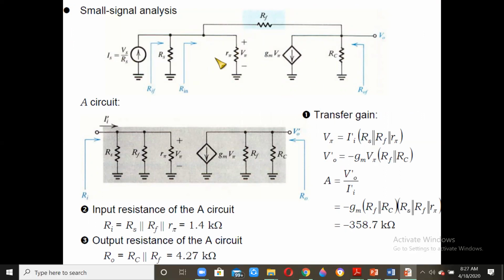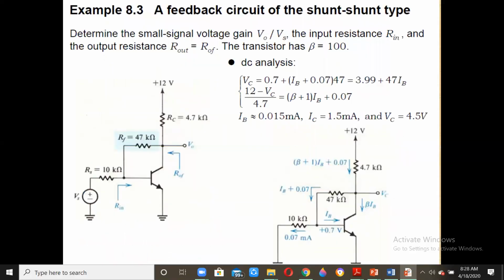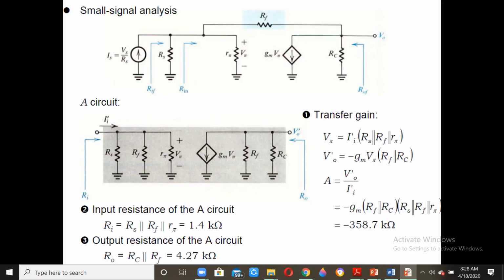This is the hybrid pi model of the transistor, where across R pi will be V pi, and there is a current source gm V pi. We are neglecting small r naught, since it is not given in the problem; we consider it to be infinite.